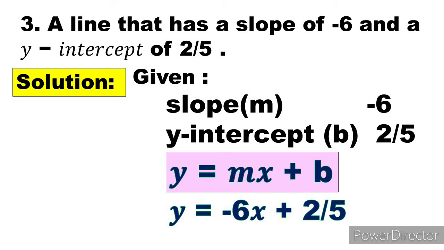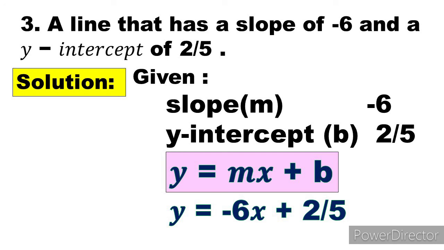Now we have number 3. A line has a slope of negative 6 and a y-intercept of 2 over 5. First, we identify the given: the slope m is negative 6 and the y-intercept b is 2 over 5.